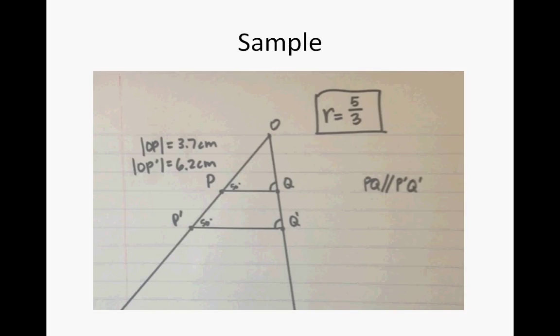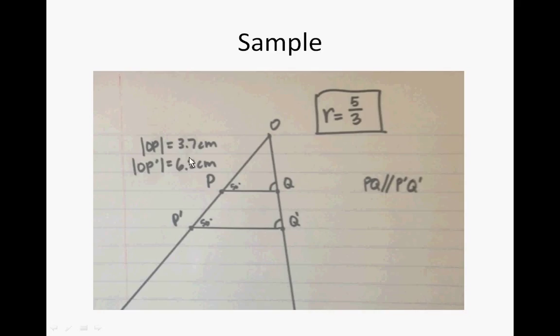Here is a sample of what your paper should look like right now. You have a ray starting from O, going down your paper, and you could have picked any lines, but for our sample, we did 3 and 5. If you did 1 and 4, or 2 and 6, yours will be different. But the key idea is when you do OQ that you pick points on the same lines so that you're getting parallel lines that correspond to your notebook paper lines.